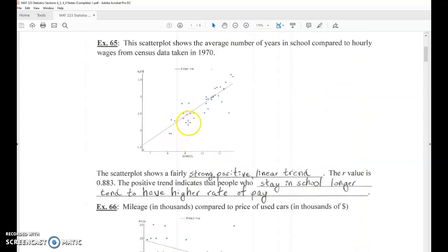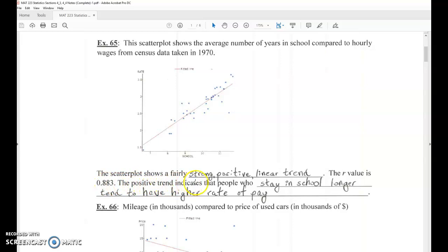All right, so back to our scatter plot here. Hopefully everyone would agree with me that that's a pretty strong, positive, and linear trend. The R value, the correlation coefficient, comes out to be 0.883. That also tells us that we were good in our assumption that it's pretty strong, because it is close to 1.